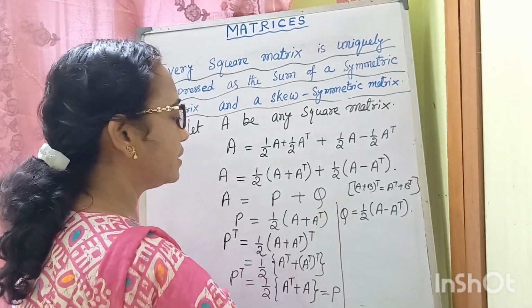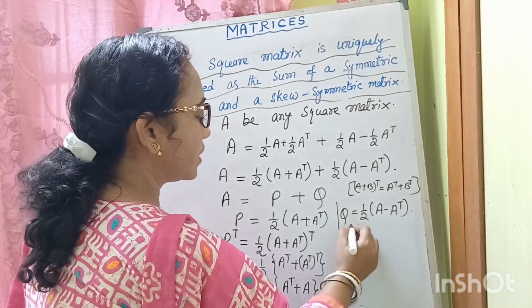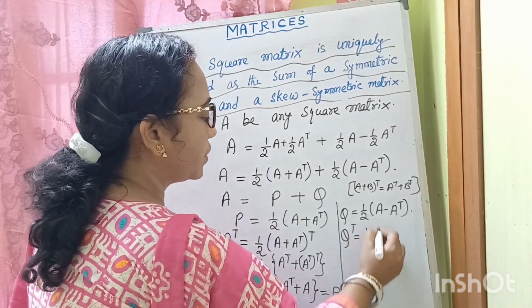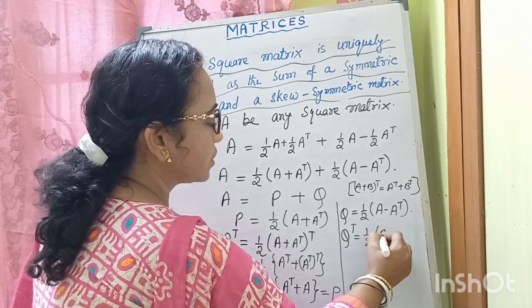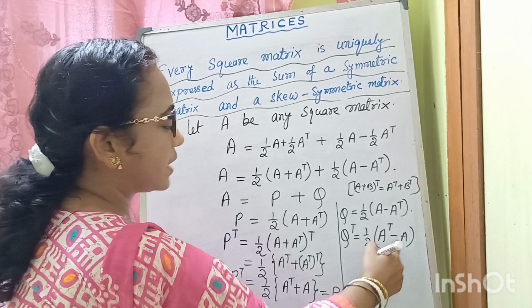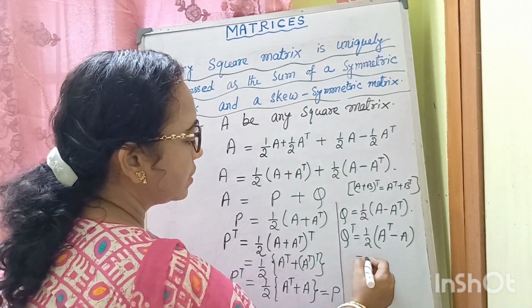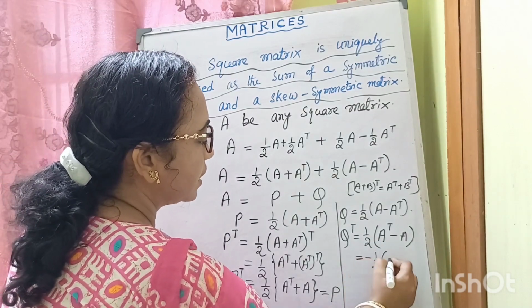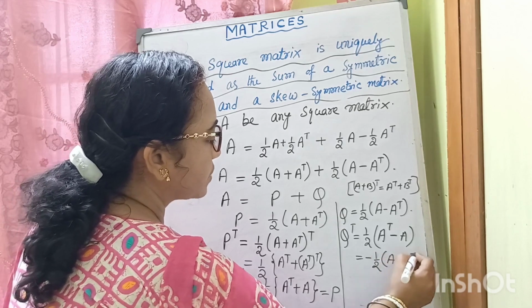On the other side, let us find the transpose of the Q matrix. Half into, doing it directly, this becomes A transpose minus A. Now let us take the common minus sign out, so this is minus half into A minus A transpose.